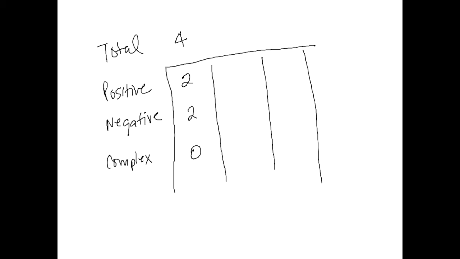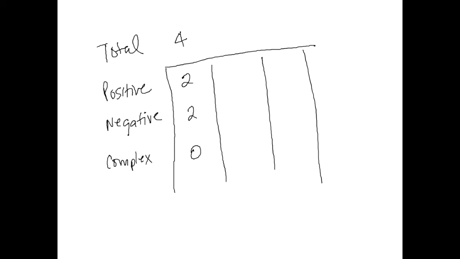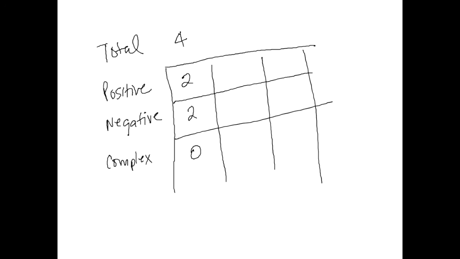Now there's some fine print in Descartes' rule of signs that says if you are able to subtract 2 from the number of roots that you have, then you must do so, because that means there may be another possible scenario. 2 minus 2 would be 0.